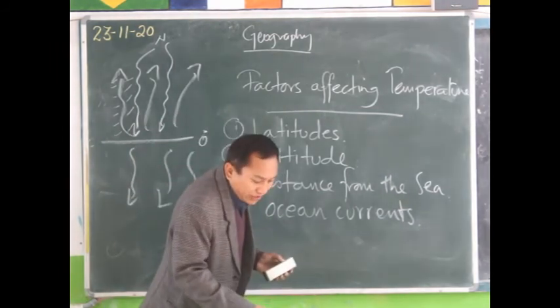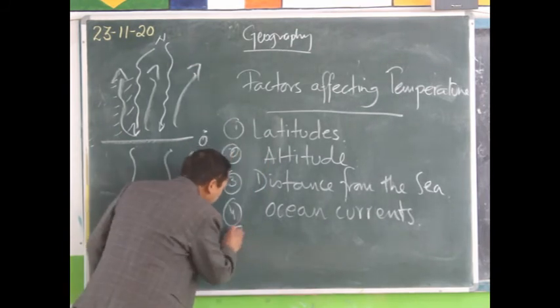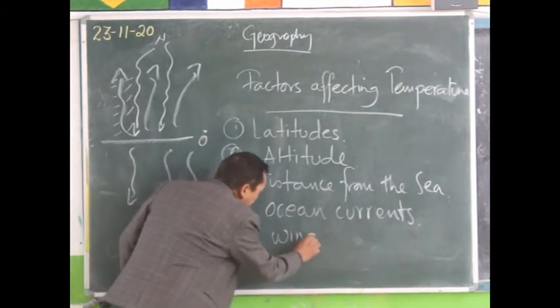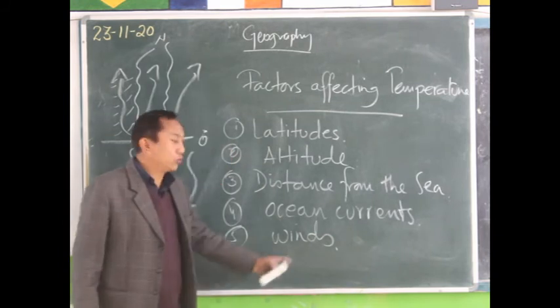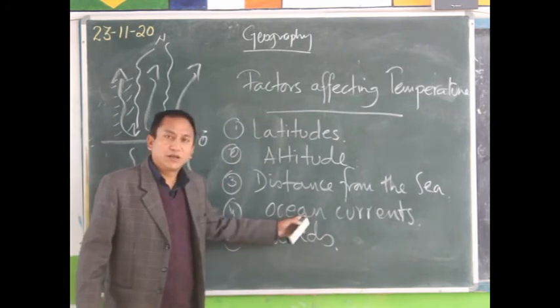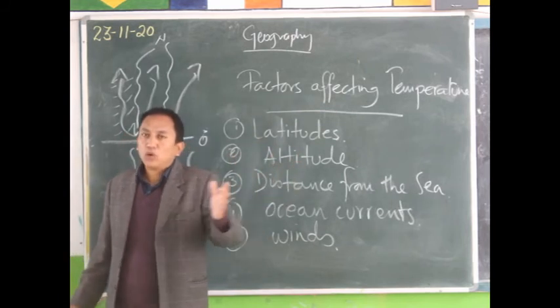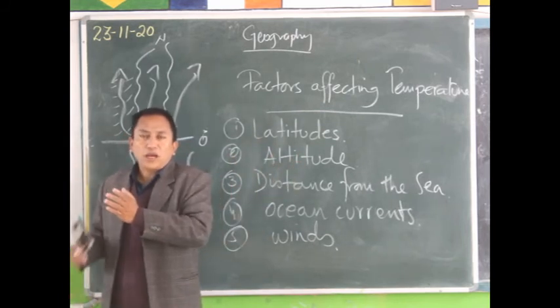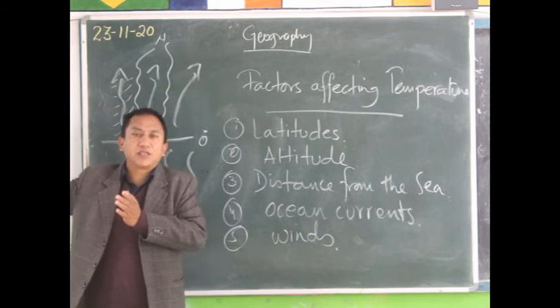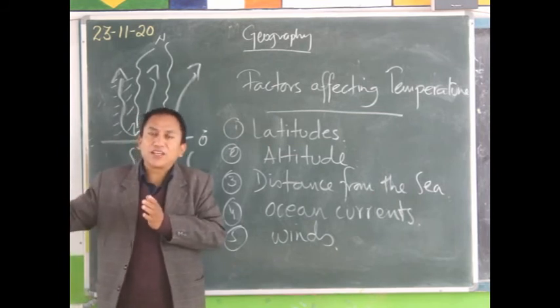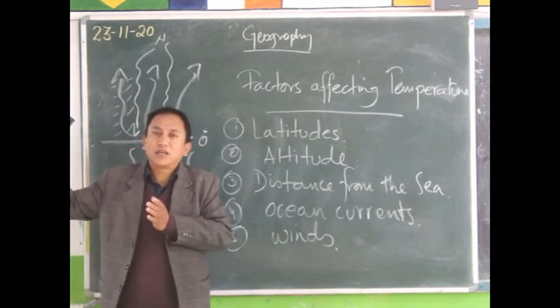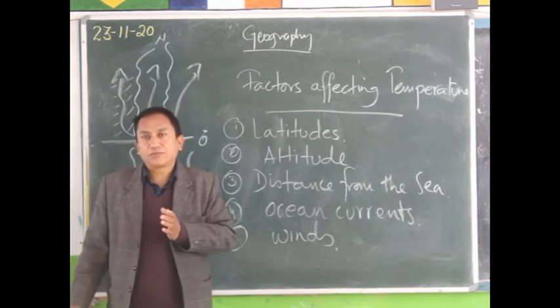Then we have another one, that is winds. I didn't explain winds to you. It's the same as ocean currents. If the winds from the warm region, from the deserts, blow and pass through the different areas, the temperature of the areas where these winds pass by will slightly increase.